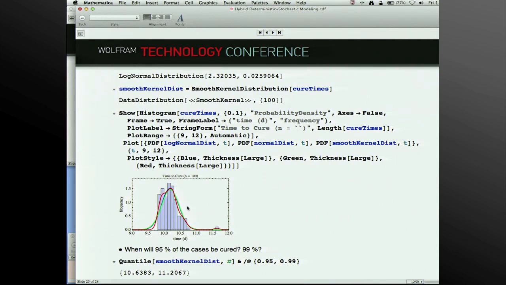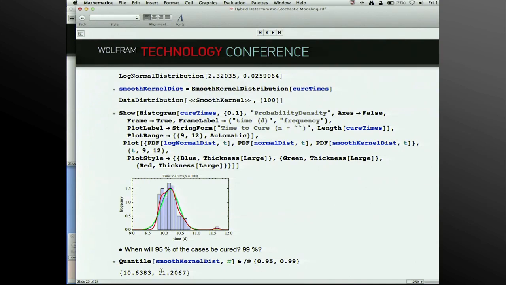It is important to note, though, that the distributions generally are not symmetric, and they often have a longer tail to longer times, that you see a fair number of patients that take a long time to cure, and a much smaller number of those that cure quickly. But we can use these distributions that we fit to the data to get the quantiles, for example, of how long it takes.